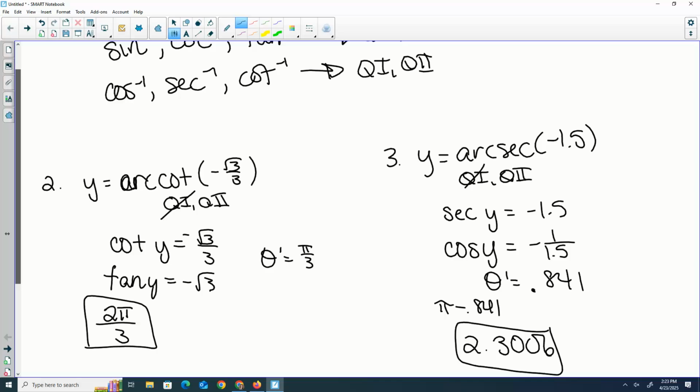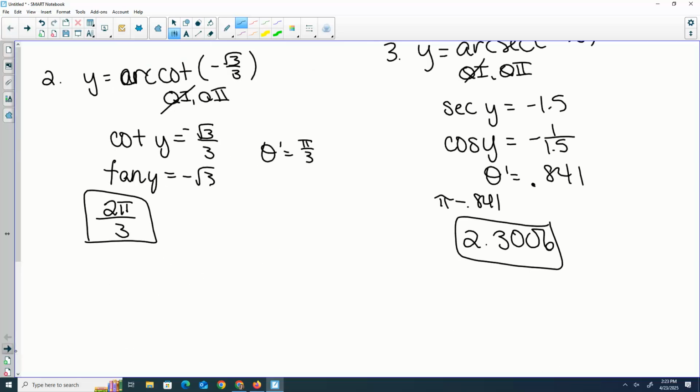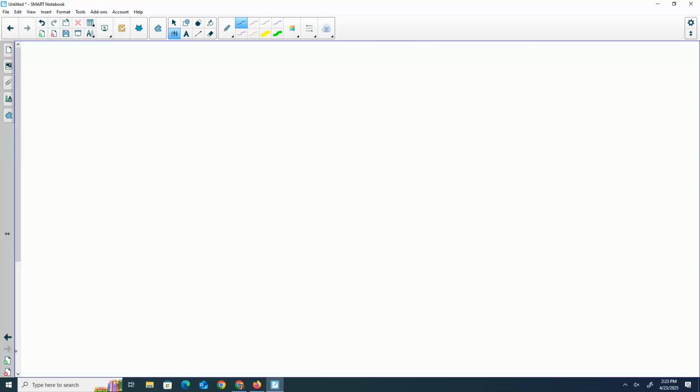If we go to problem 5, how would you work this out? Can we figure out what tangent of pi over 4 is?